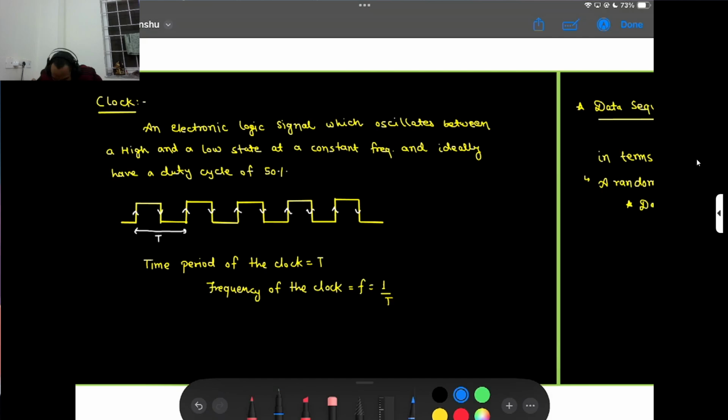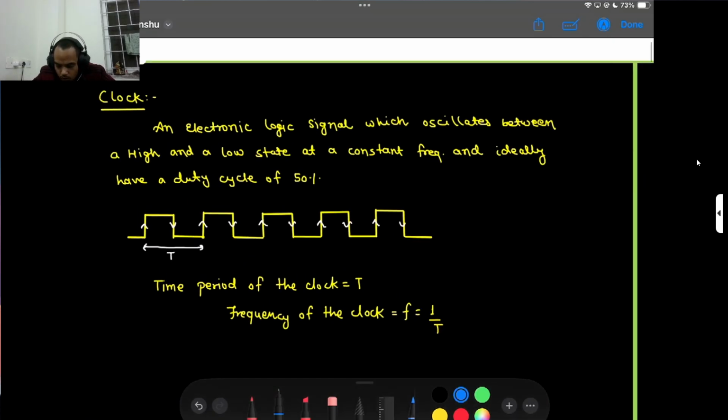And clock. A clock is an electronic logic signal which oscillates between a high and a low state at a constant frequency and ideally has a duty cycle of 50%.